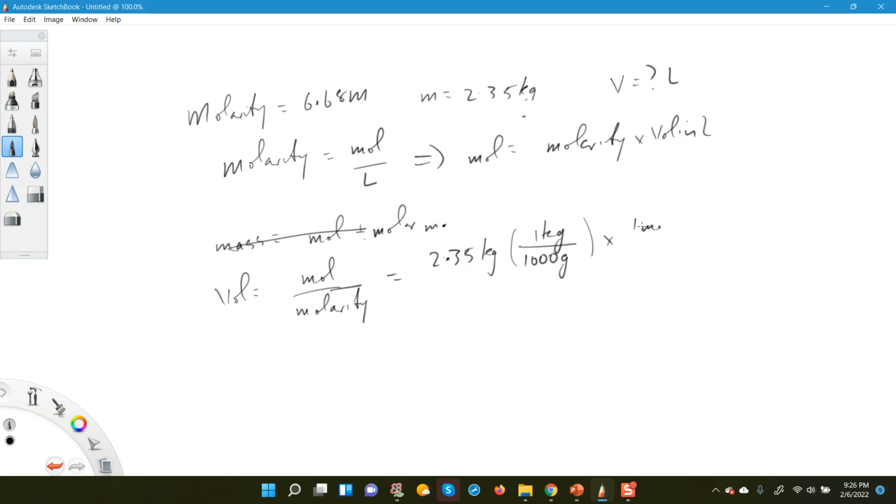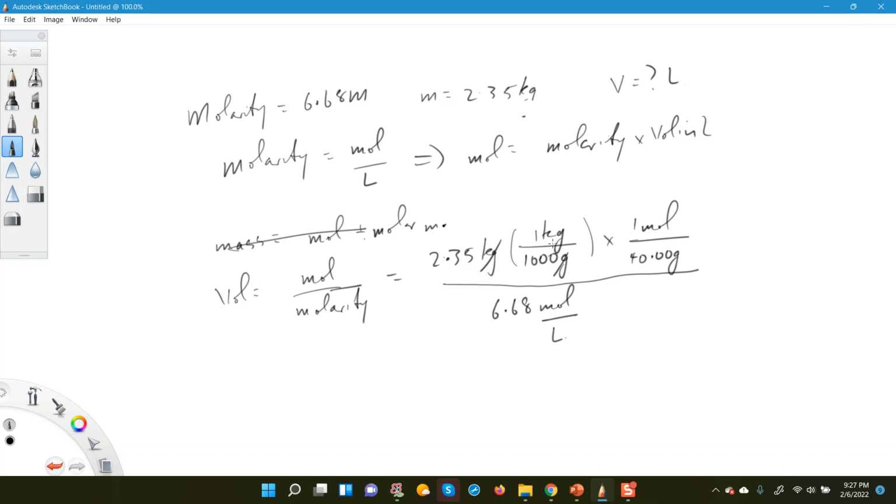So 1 mole above, and the molar mass of sodium hydroxide is 40.00 grams. And then we divide all of this by the molarity, which is 6.68 moles per liter.